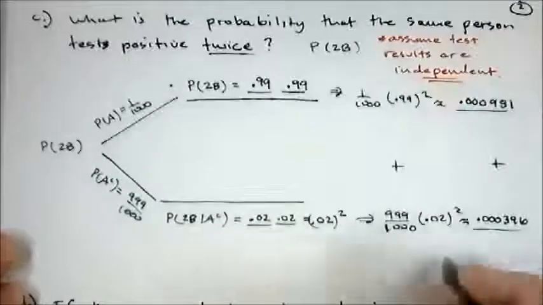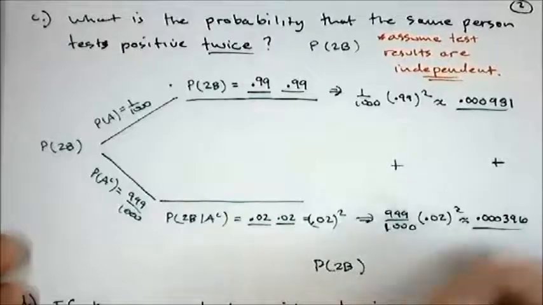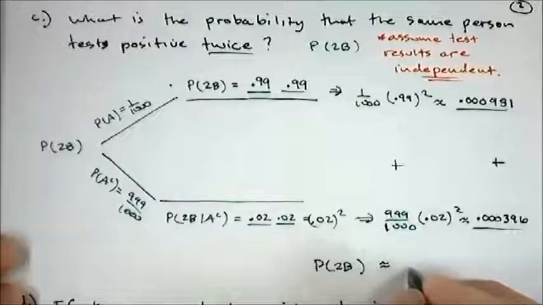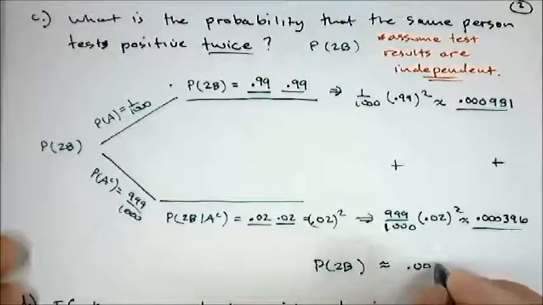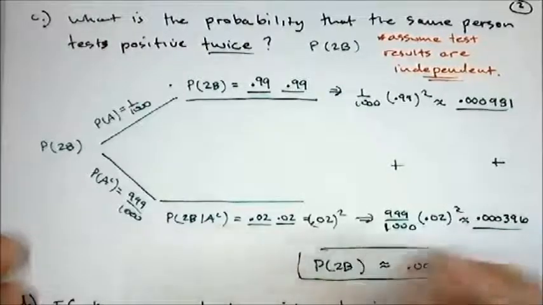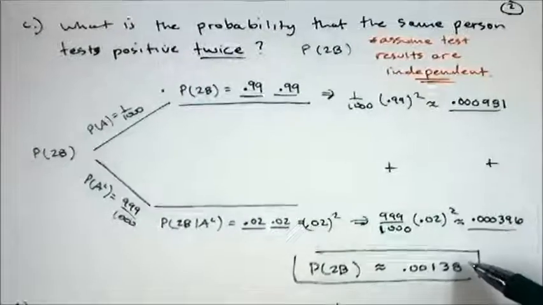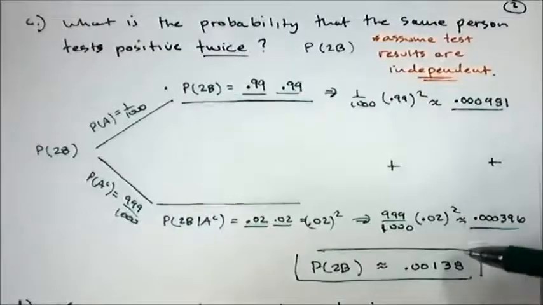So if you add these together, the probability of testing positive twice, summing these up gives me about 0.00138. Which you can see that's a pretty low probability for anybody to test positive twice, right?